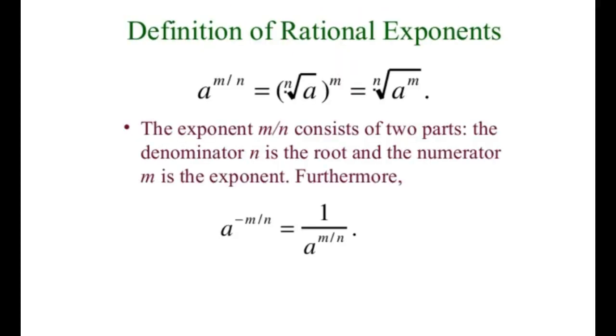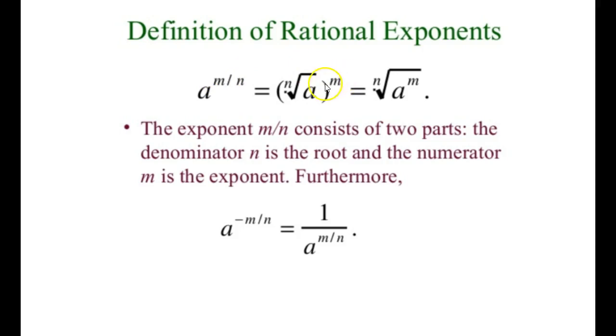Next, we are going to discuss rational exponents. So the definition, if we have a raised to the m divided by n power, we have a fraction as our exponent. There's a couple ways we can break this apart. In the denominator, which is n, that becomes the index of the radical, and then we could take what's in the numerator and raise that to the outside power.